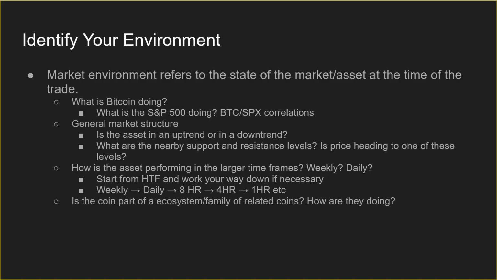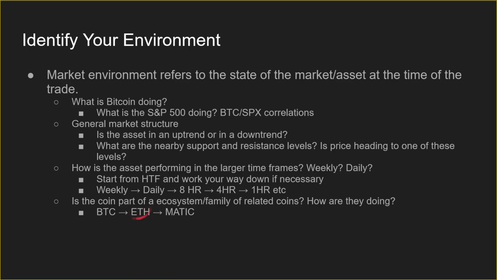We also want to consider, is the coin a part of an ecosystem or family of related coins? And also, how are they doing? We might want to consider Bitcoin being the leader of cryptocurrency, the crypto sector as a whole. Ethereum will follow Bitcoin.